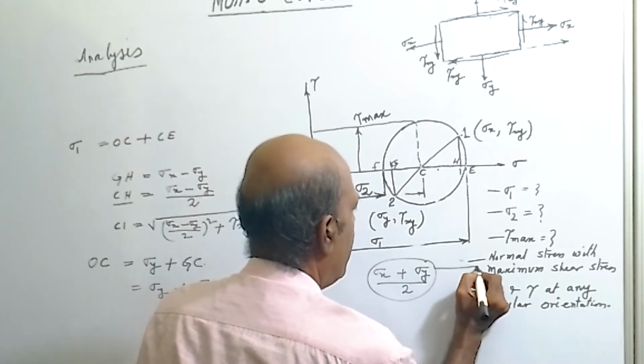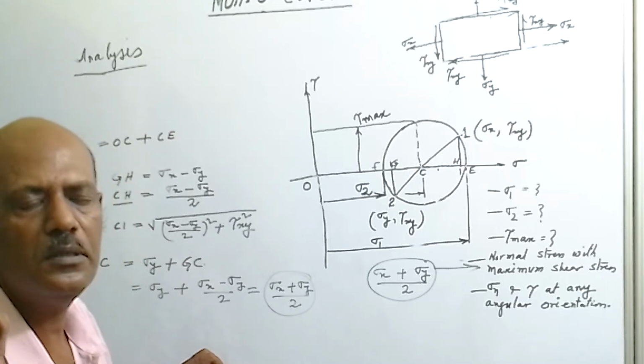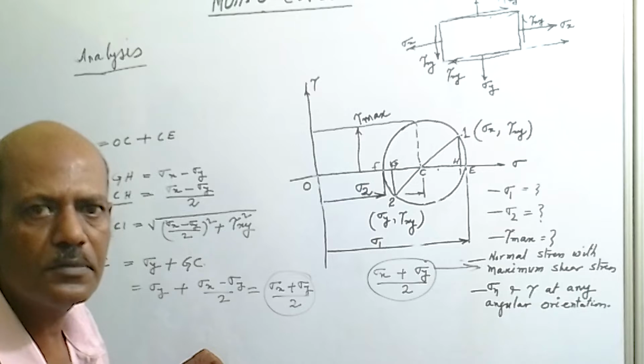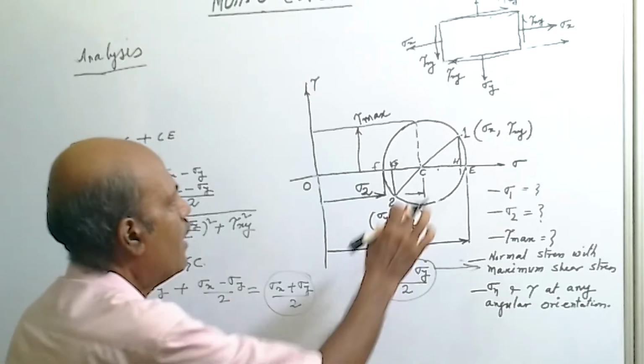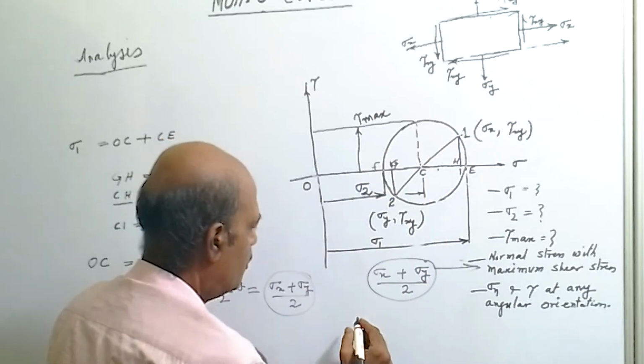That is the normal stress which occurs on the maximum shear stress plane, and tau max is given by O to 1, the radius of the Mohr circle.